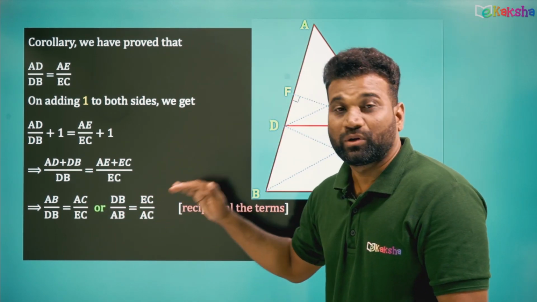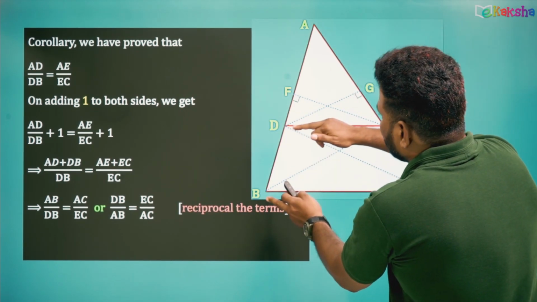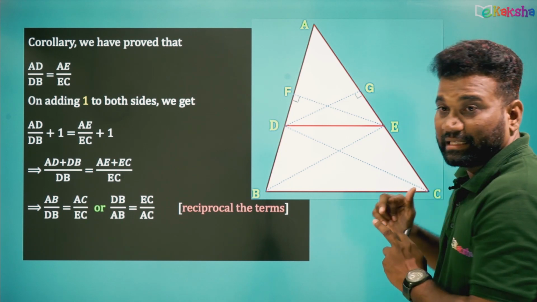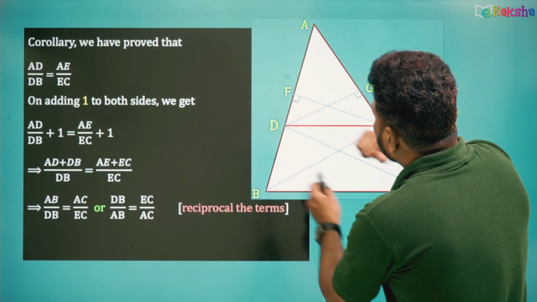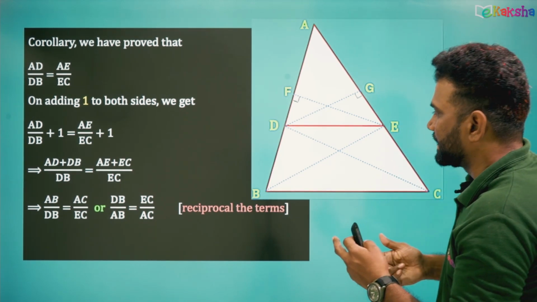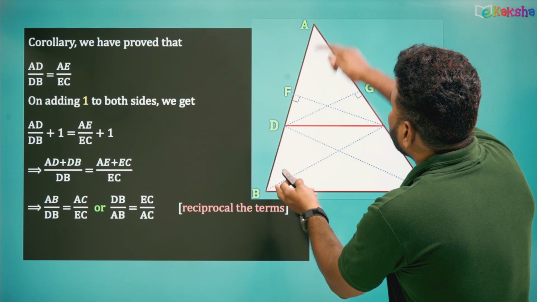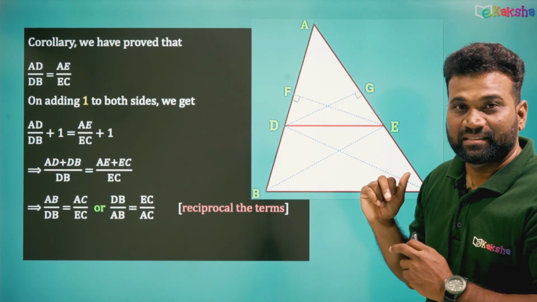So these are the following results. Not only AD over DB is equal to AE over EC, we can also say AB over DB is equal to AC over EC. Also we can say DB over AB is equal to EC over AC, right?